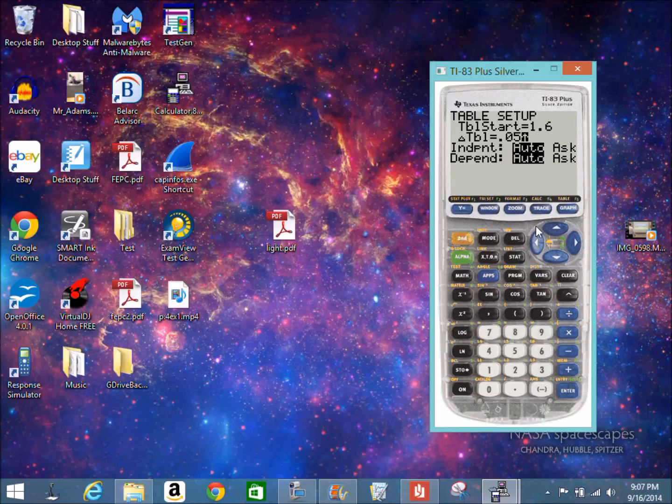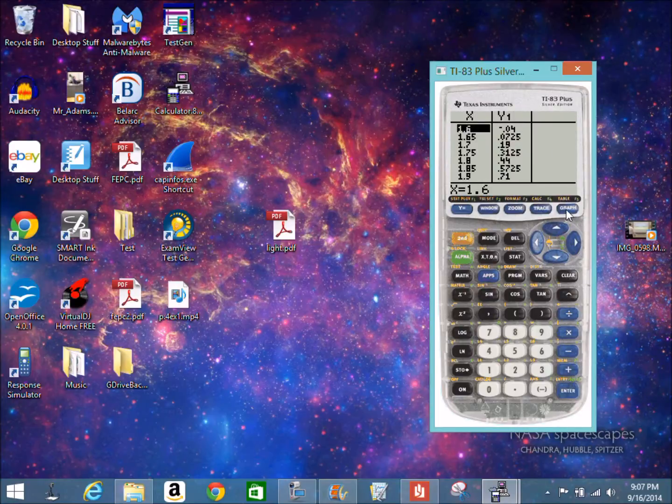So when I hit second graph, if you notice, that really helped out by looking at the graph first. When my x value is 1.6, my y value is negative 0.04. Now what we're looking for is when y equals 0.